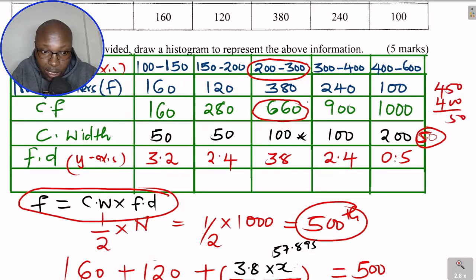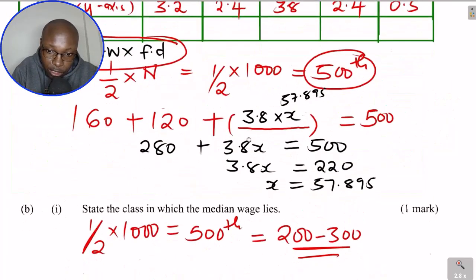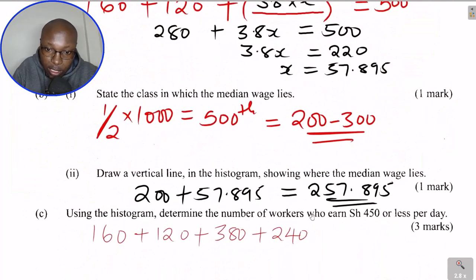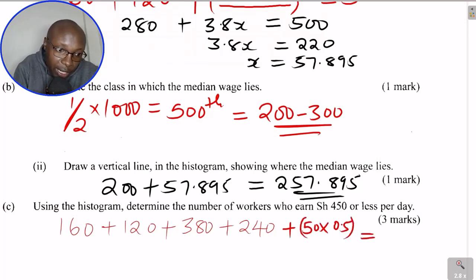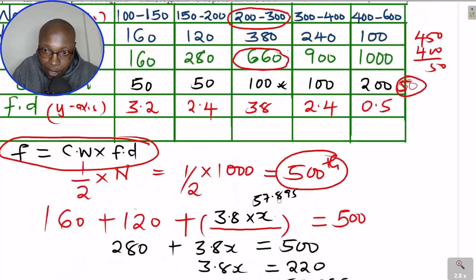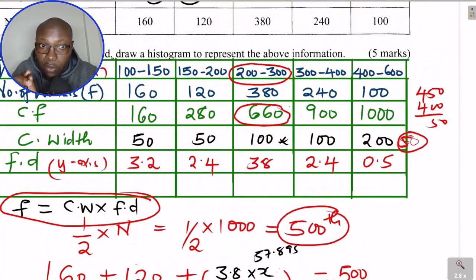Then the frequency density is 0.5. To get the frequency, we take the class width, which is 50, times the frequency density, which is 0.5. This one is for the last part. Remember we said those who earn 450 or less are beginning from 160.